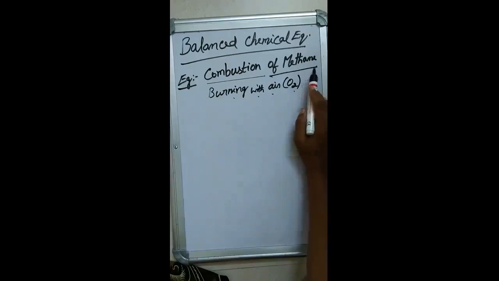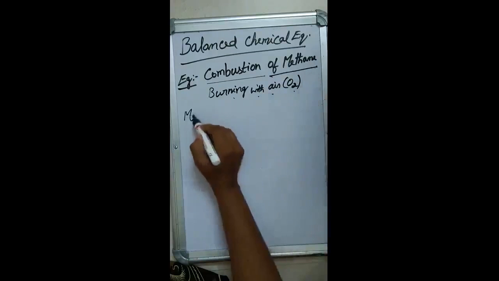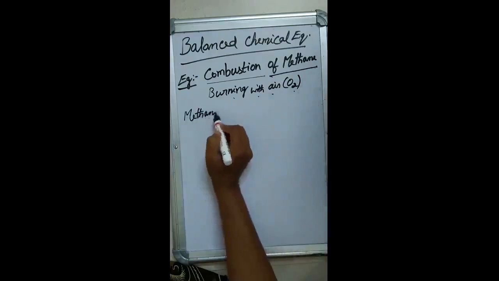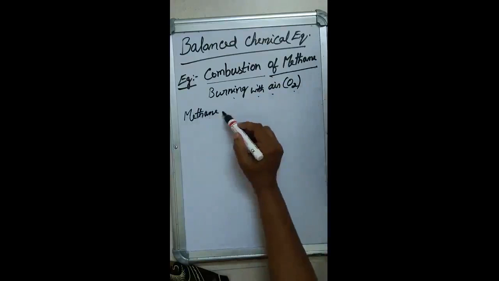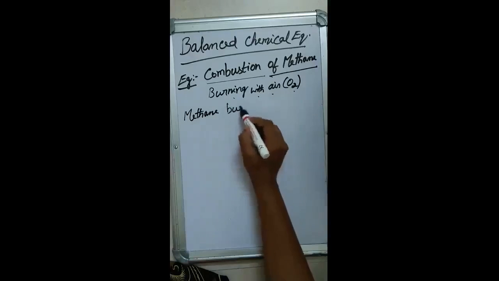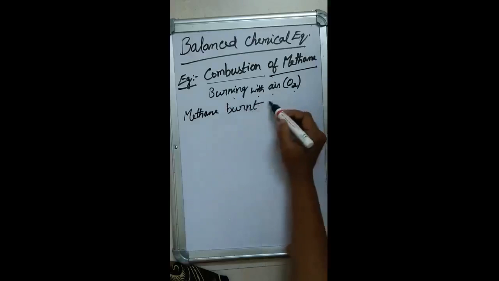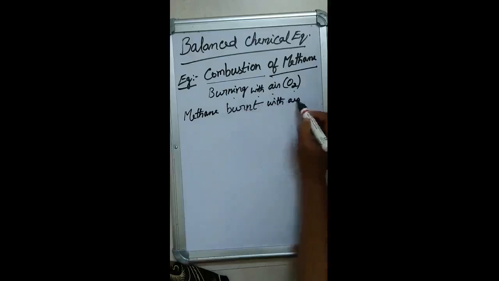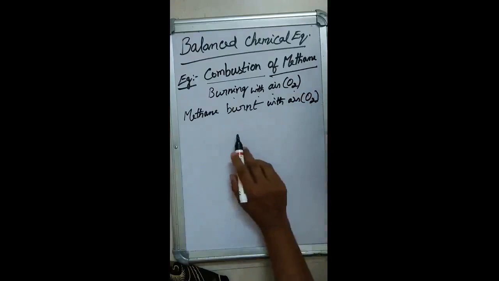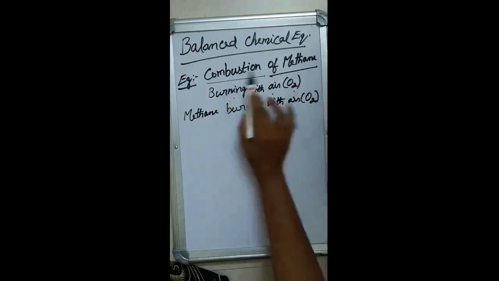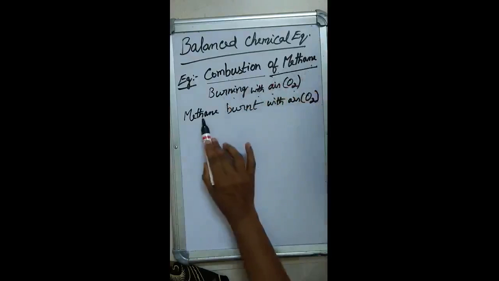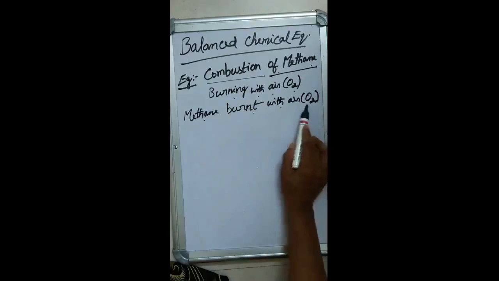So what is the meaning of combustion of methane? Methane, which is usually in the gaseous state, burnt with the air, that is O2, oxygen. So combustion of methane is nothing but methane burnt with the air.